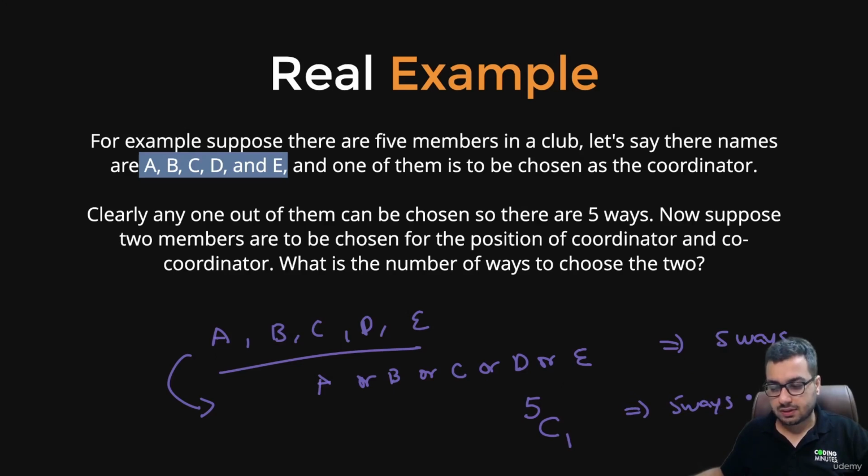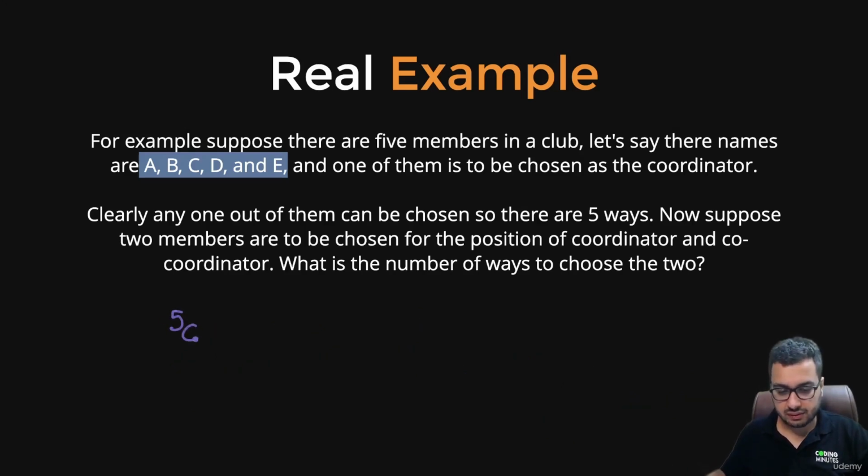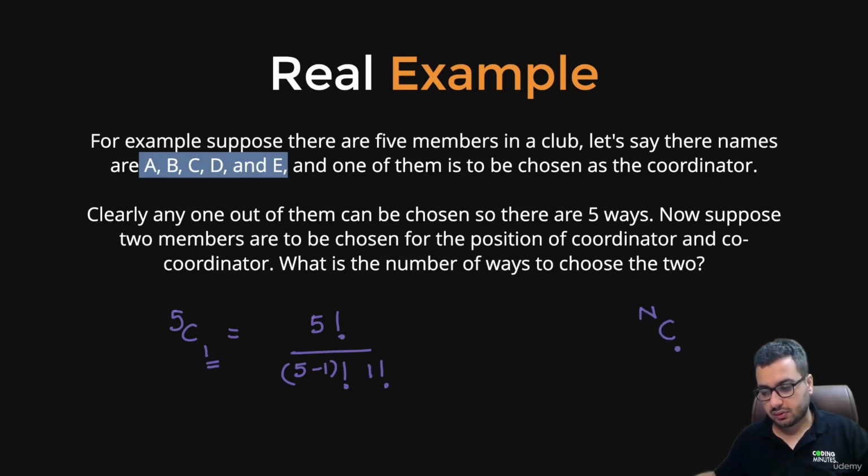So what is 5C1? 5C1 is 5 factorial divided by (5 minus 1) factorial, that is 4 factorial, divided by 1 factorial. This is the general formula of nCr: n factorial divided by (n minus r) factorial and r factorial.